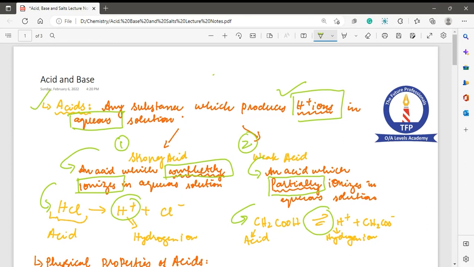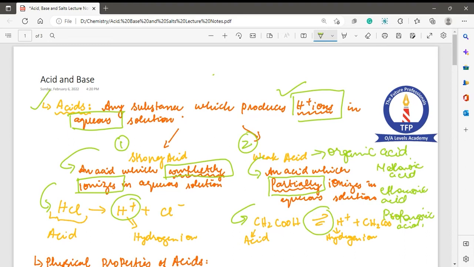अगर कोई भी सब्सटेंस वाटर के अंदर H पॉजिटिव आयन प्रोड्यूस करता है, हम उसको एसिड कैटेगराइज कर देते हैं. सो फॉर योर अंडरस्टैंडिंग एंड फॉर योर लर्निंग, एक छोटी सी बात यह है कि आपके जितने भी ऑर्गेनिक एसिड्स होते हैं वो सारे के सारे वीक एसिड्स होते हैं. जैसे कि आपके पास आ जाता है methanoic acid, ethanoic acid, propanoic acid, and so on.